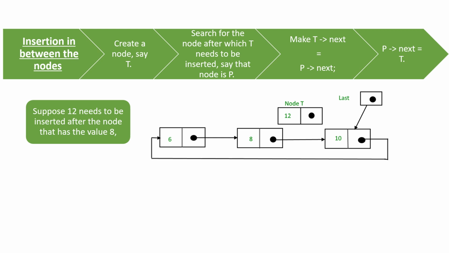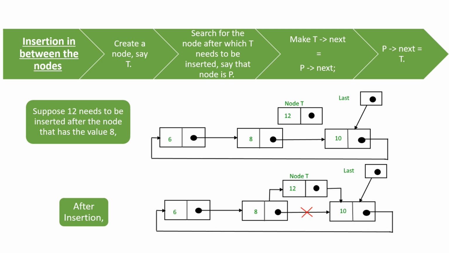Suppose 12 needs to be inserted after the node 8, which is node P, and now the pointers are changed like this. Then after insertion, we can see the pointers are changed like this.